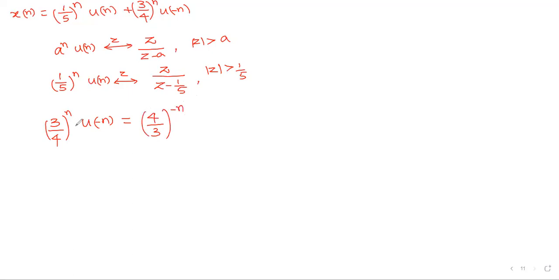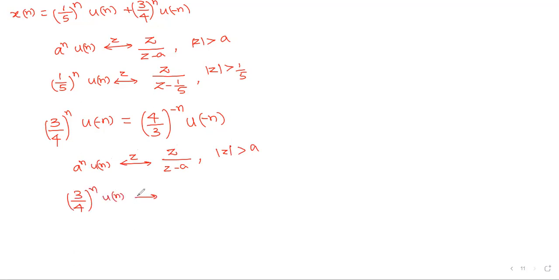I am reversing that fraction, into u of minus n. Now easily you can find that a power n u of n, z transform is z by z minus a, mod z is greater than a. 3 by 4 whole power n u of n, careful, z by z minus 3 by 4, mod z is greater than 3 by 4.